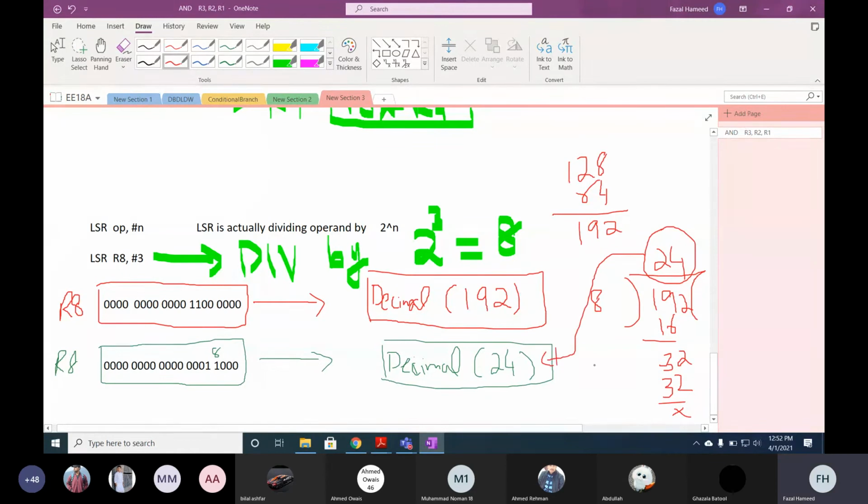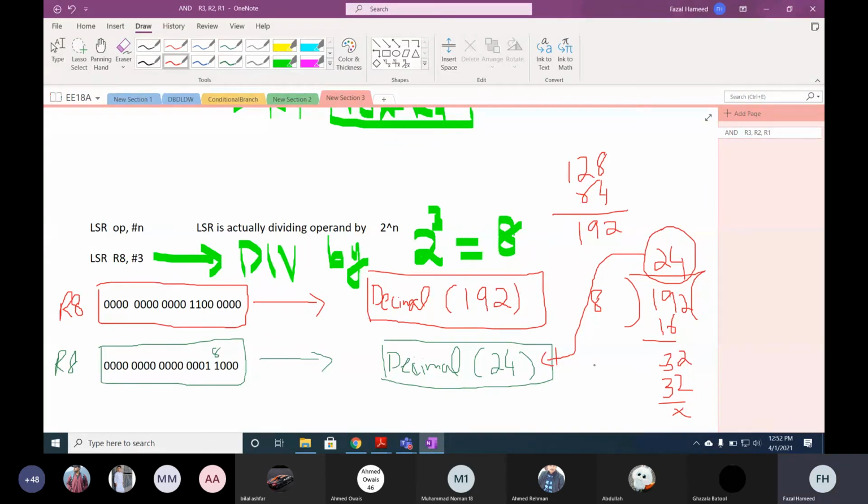That is the same reason why it is division by 2 to the power n. If we are shifting on the right, are we decreasing the weight or increasing the weight? Decreasing the weight.